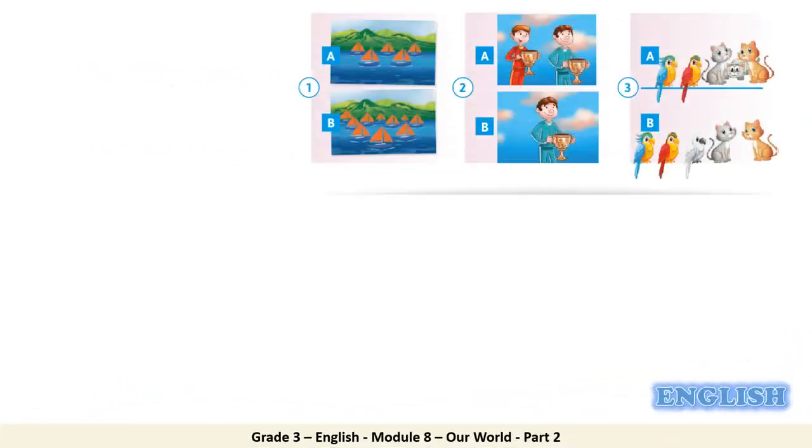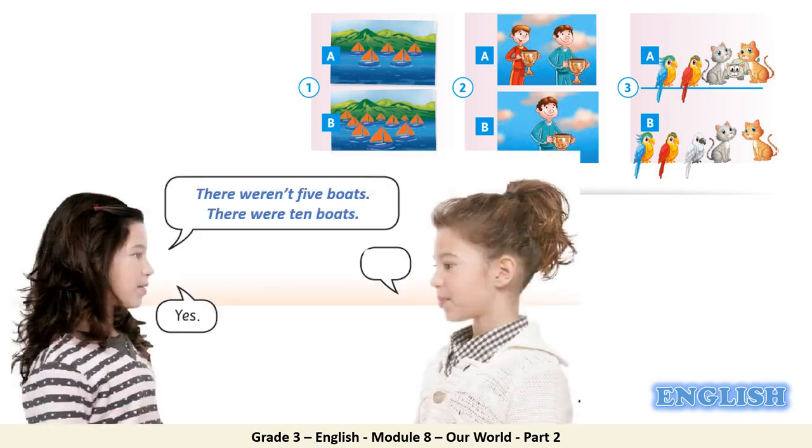Now, look at the pictures one more time. The description is, there weren't 5 boats. There were 10 boats. Can you guess the picture? 1B. Wonderful job.